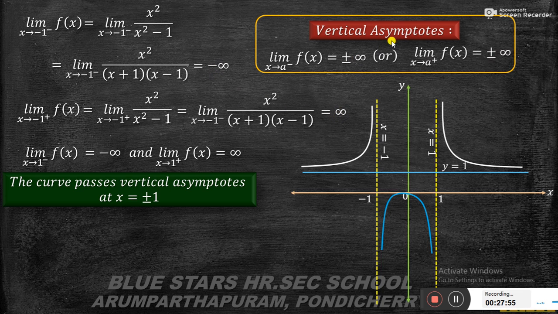So according to the vertical asymptotes, I conclude that the curve has vertical asymptotes at x equal to plus or minus 1. This is the curve. So x equal to minus 1 is a vertical asymptote, x equal to 1 is a vertical asymptote. So this is the curve. The curve passes through the vertical asymptotes at x equal to minus 1 and at x equal to 1.